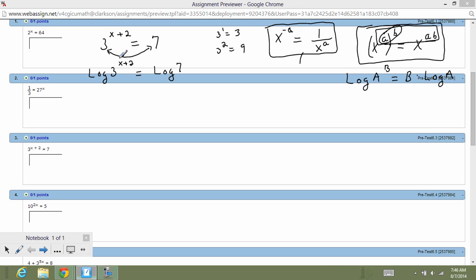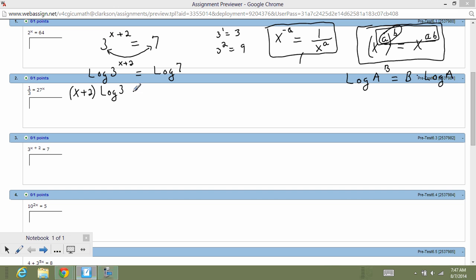All right. So on the left-hand side here, where we have log 3 to the x plus 2, that's log of a to the b power. And we're allowed to take that exponent, x plus 2, and multiply it times the log of 3.